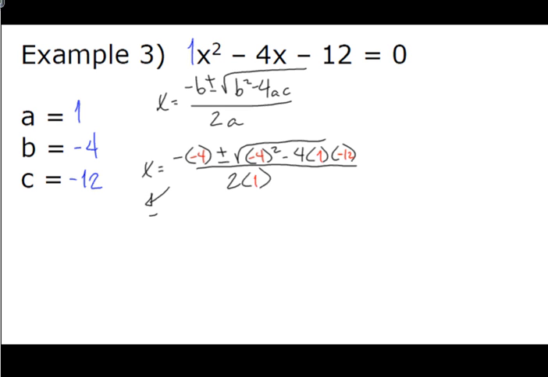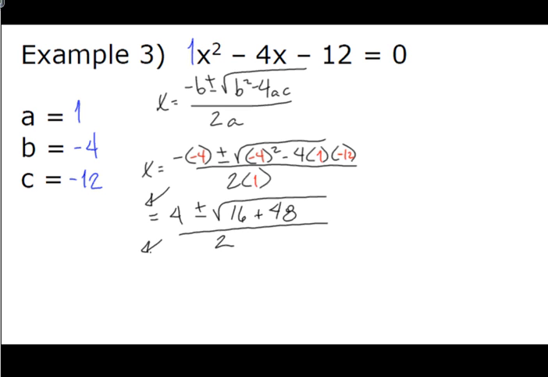Simplify all this using a little bit of arithmetic. This makes a positive 4 plus or minus the square root of negative 4 to the second power is 16 plus 48 over 2.